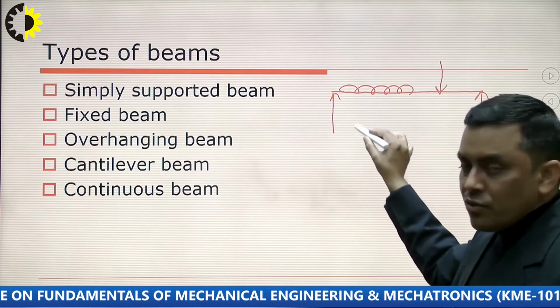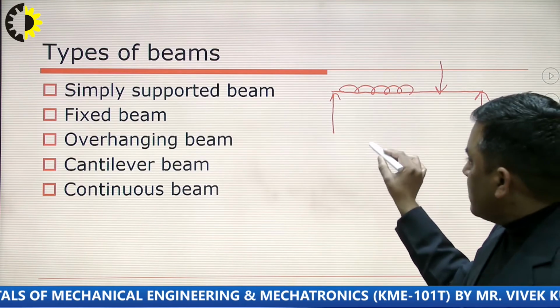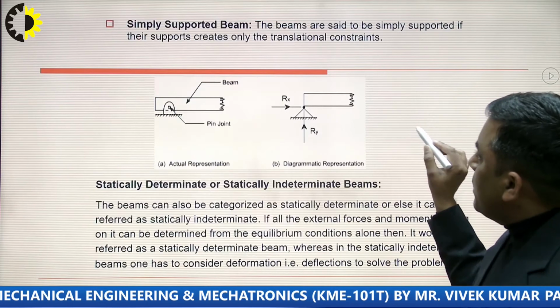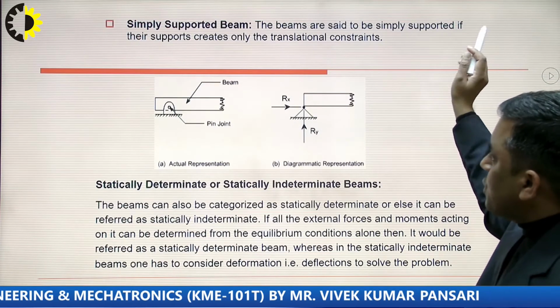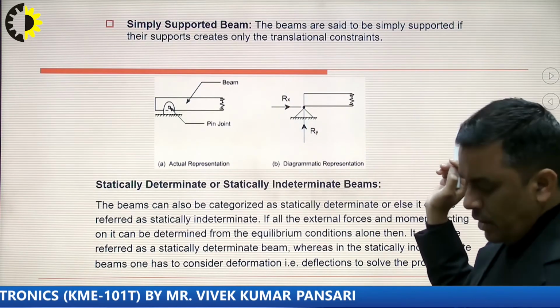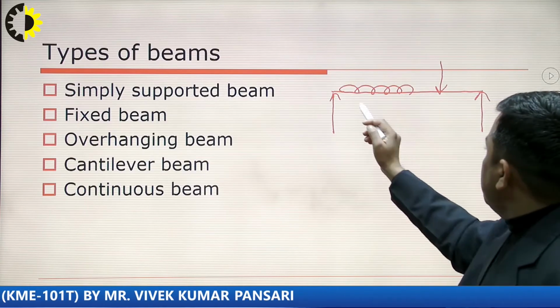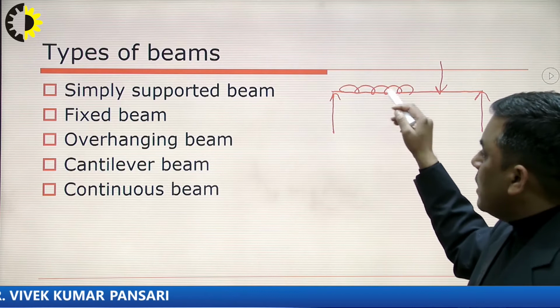The motion is constrained in translation. Here we can see the simply supported beam: beams are said to be simply supported if their support creates only the translational constraint. So, here we can see the vertical translation is constrained.